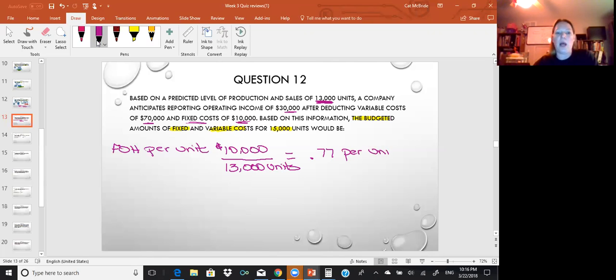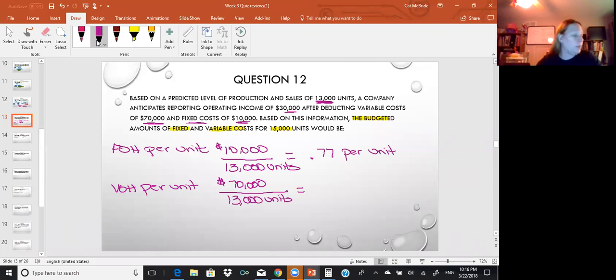So now I know what my fixed overhead per unit is. Now I'm going to have to figure out my variable overhead per unit. My total variable costs are $70,000, and I did that to make 13,000 units.